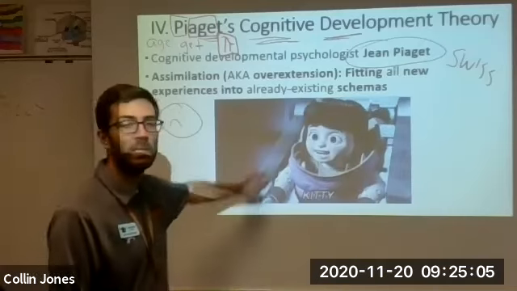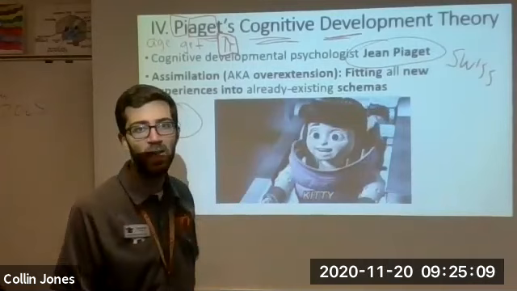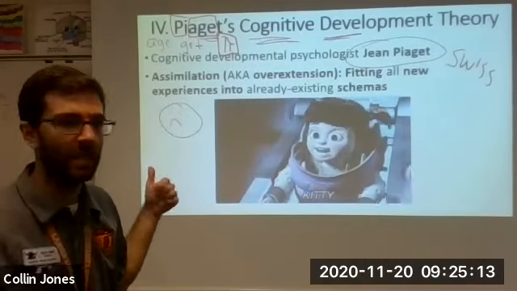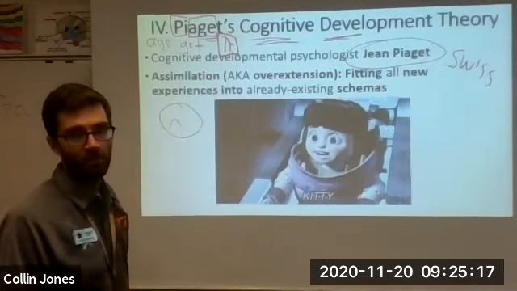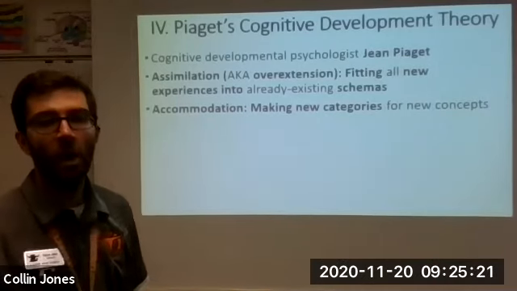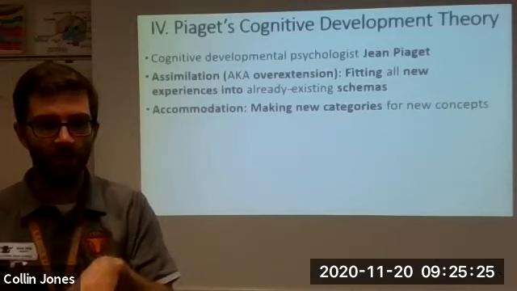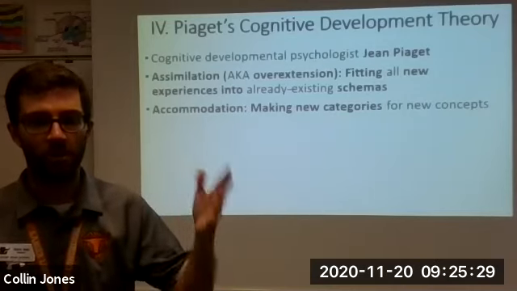So for example, if you've seen Monsters, Inc., when she sees Sully, she calls him Kitty. Stupid Boo, right? She is assimilating. She is being stupid, right? In contrast, once she learns, oh, Kitty is small, fluffy, has a tail, scratches, and meows. Sully is bigger, talks, works at the company.